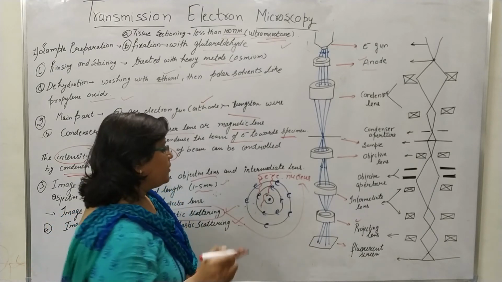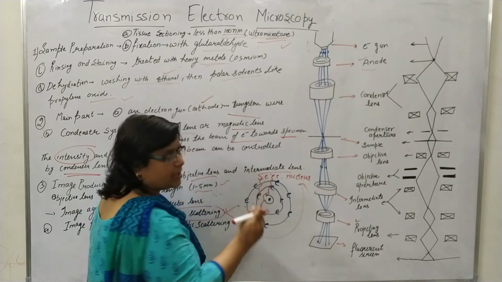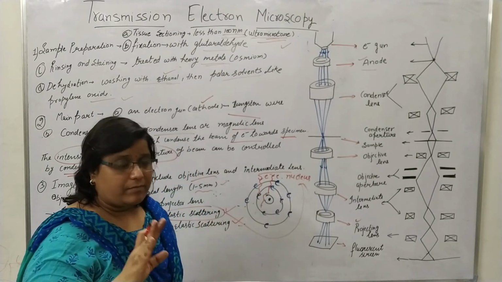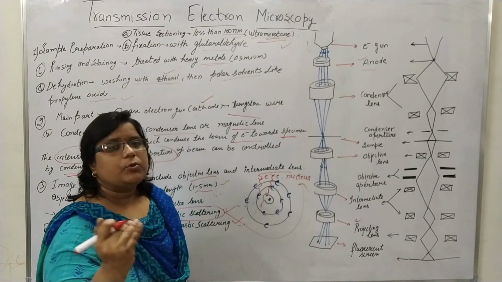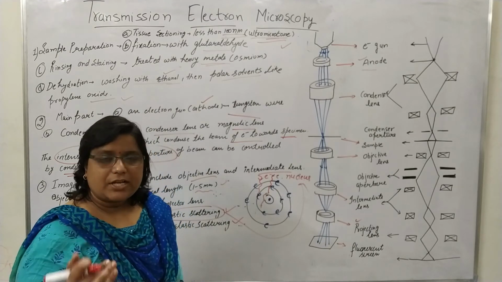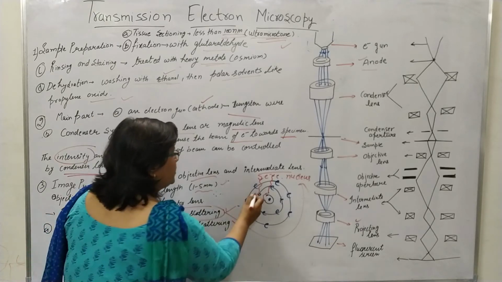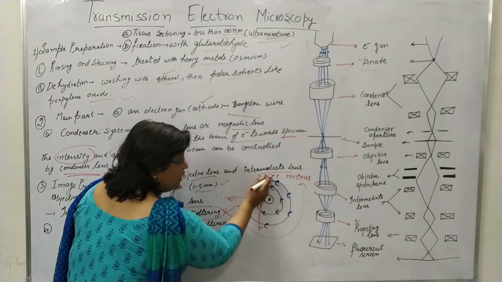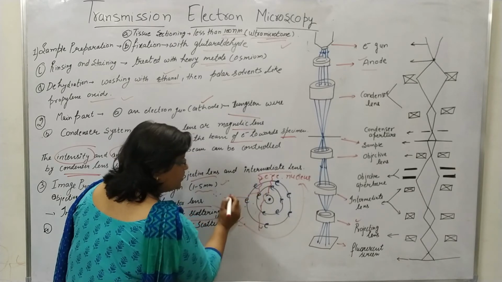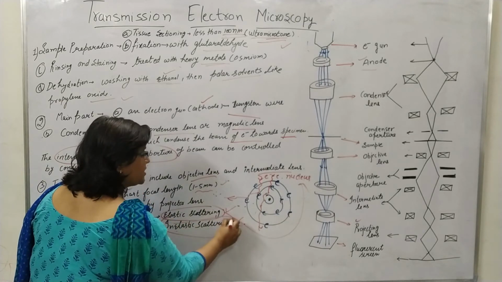Now when the electron interacts with the outer shell electron, due to the same negative charges, the repulsion is more, so the scattering is more. With the nucleus the scattering is less, but when an electron interacts with an electron, the scattering is more, and here it produces inelastic scattering.